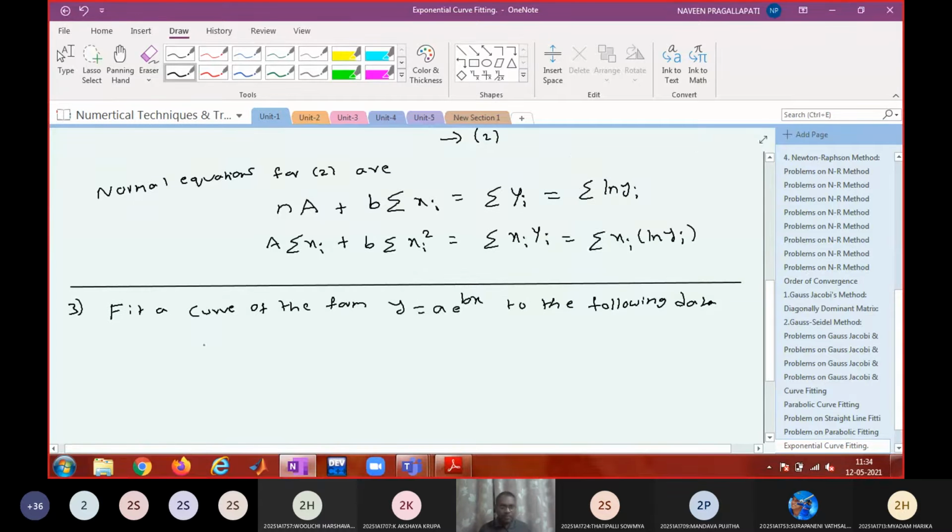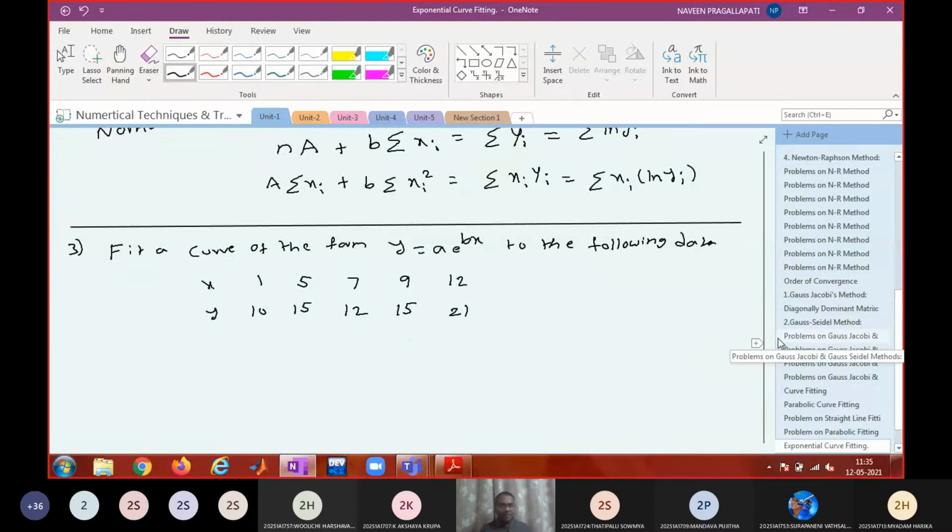The data is x, y. The x values are 1, 5, 7, 9, 12. The y values are 10, 15, 12, 15, 21. So this is the kind of data you have.